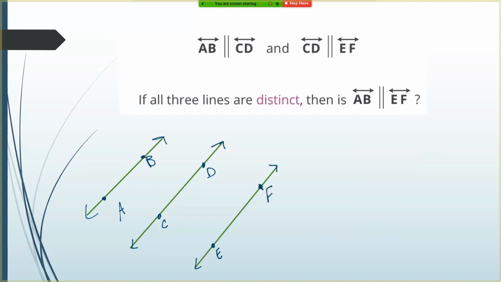Since AB is parallel to CD, when you have diagrams with lines like this, a lot of times they put a little arrow right here that says these are parallel to each other. But if CD is also parallel to EF, all three lines would have to be parallel to each other, which means AB is parallel to EF. So yes, AB would be parallel to EF.